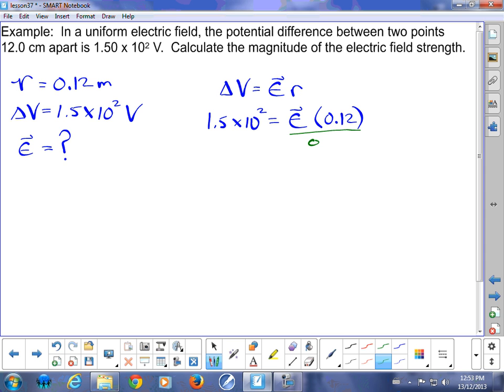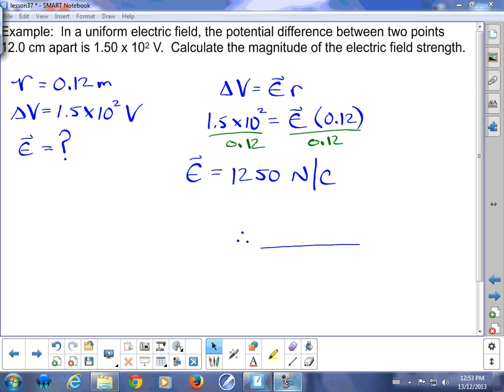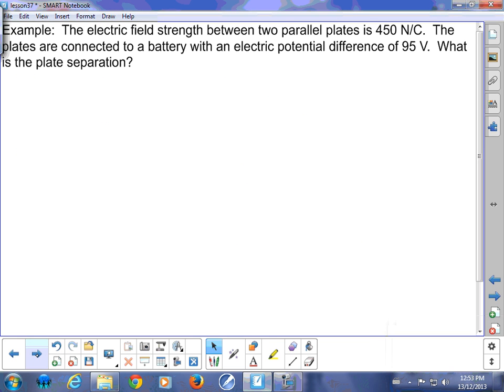Divide both sides by 0.12. And we end up with an electric field strength of 1,250 newtons per coulomb. All right.